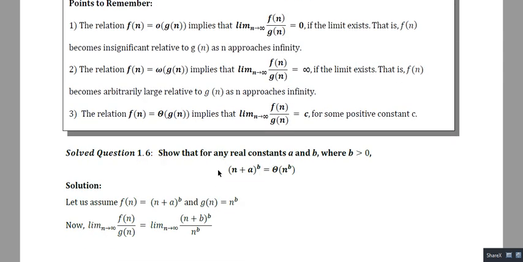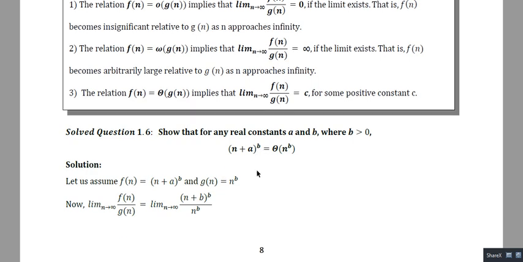So next, a very simple question: we have to prove that (n + a) power b is equal to theta of n power b. In this case this is f(n) and this portion is g(n).